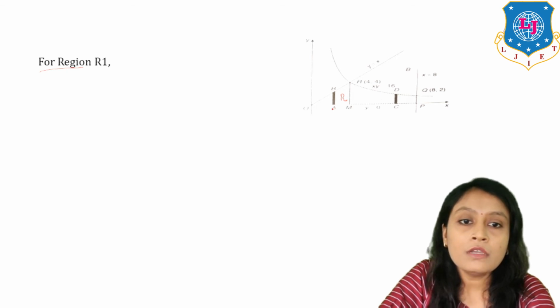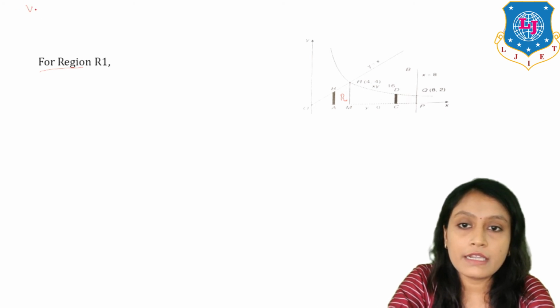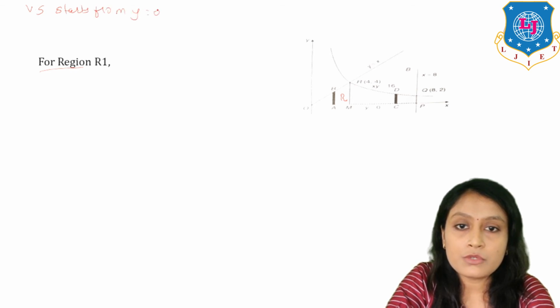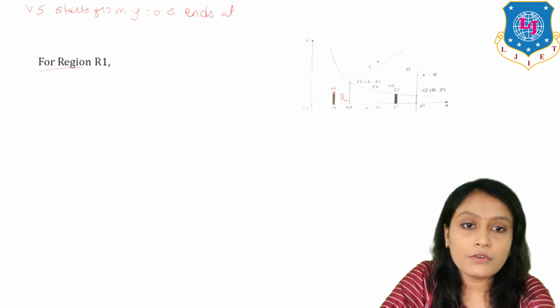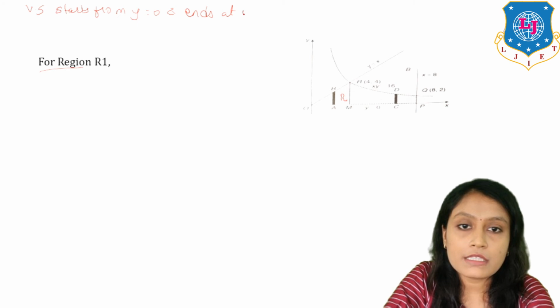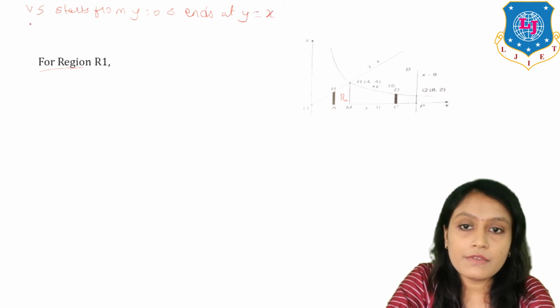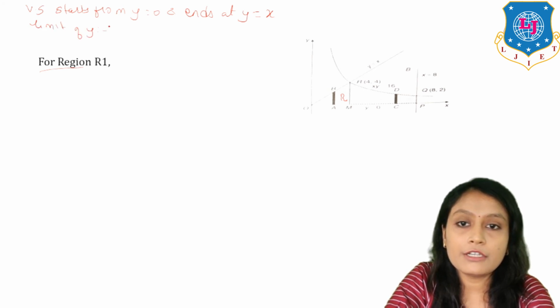You can see this vertical strip starts from y is equal to 0 and ends at this line y is equal to x. Whenever we have a vertical strip, firstly we will write the limit of y, and we write this limit of y from this statement only.